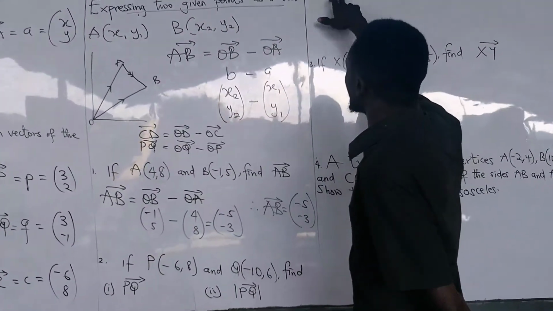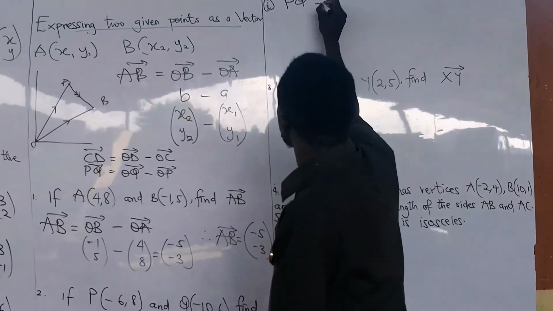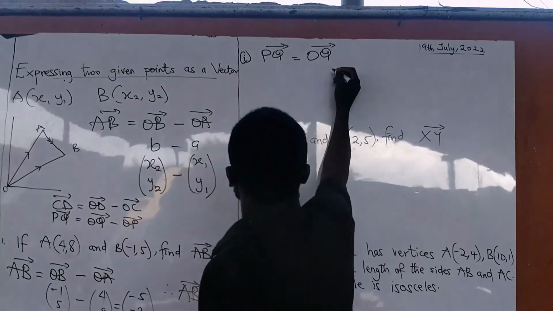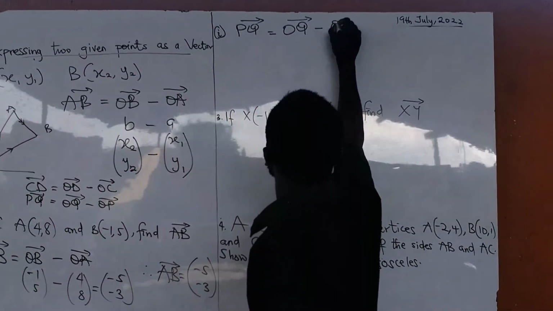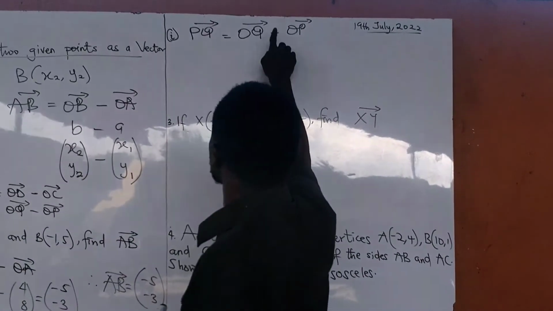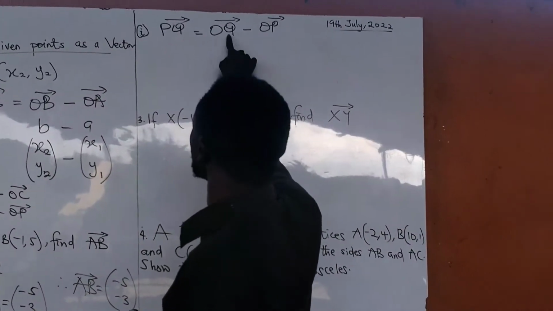So I'm to calculate for vector PQ. Now this vector PQ is the same as the second point vector minus the first point vector. So we say OQ minus OP. Why is it OQ?